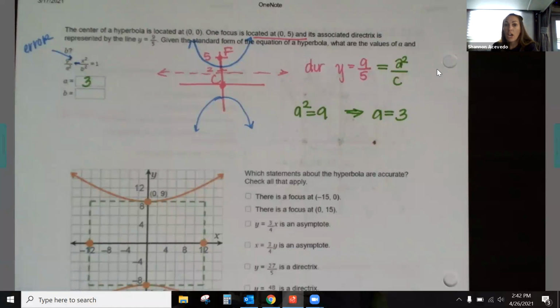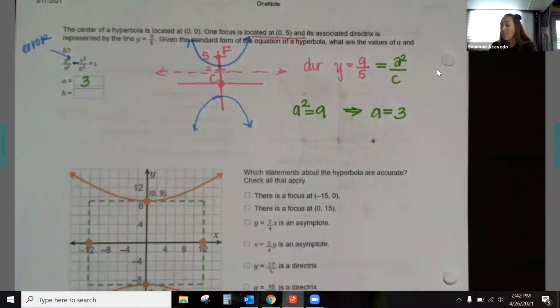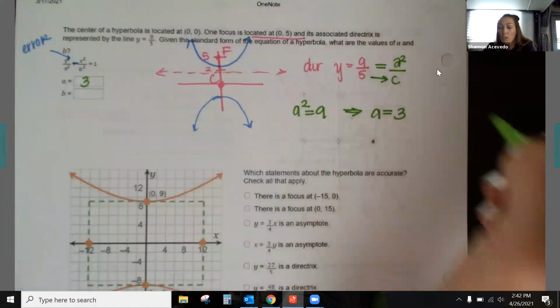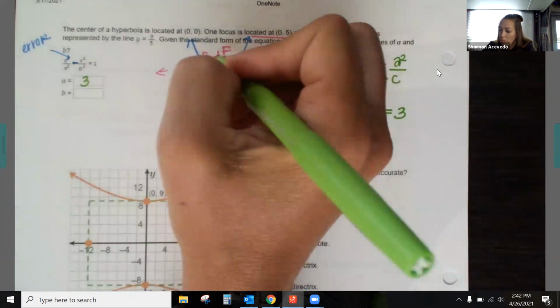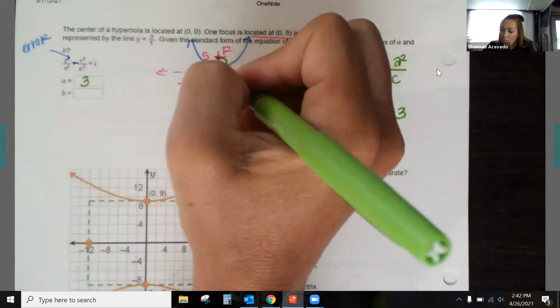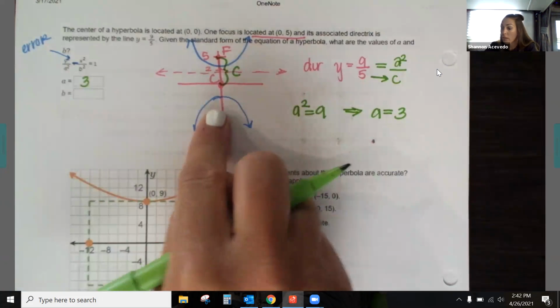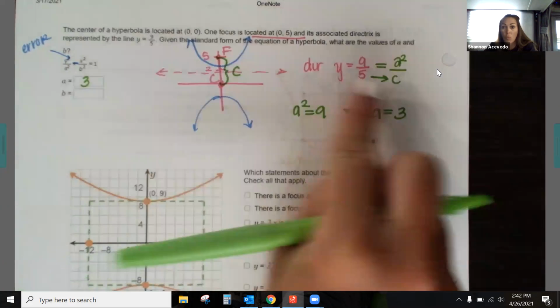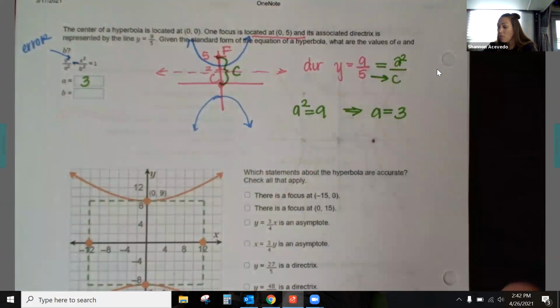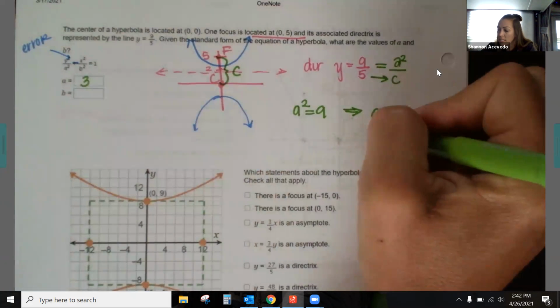The other thing that I know is that my C is 5. I know from right here that my C value is 5. I also know that the distance from my focus to my center is also my C value, which is a distance of 5. So I could find that C value from looking at either one of these. It's the same C value. So I also know then that C is equal to 5.